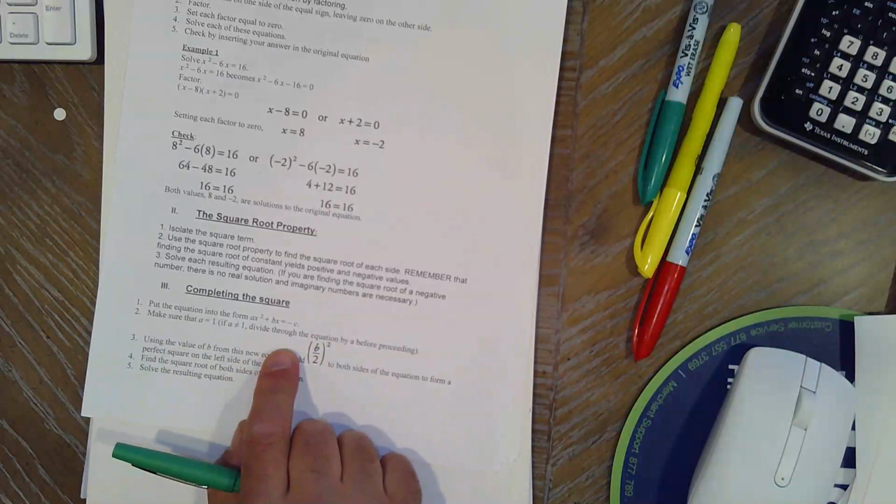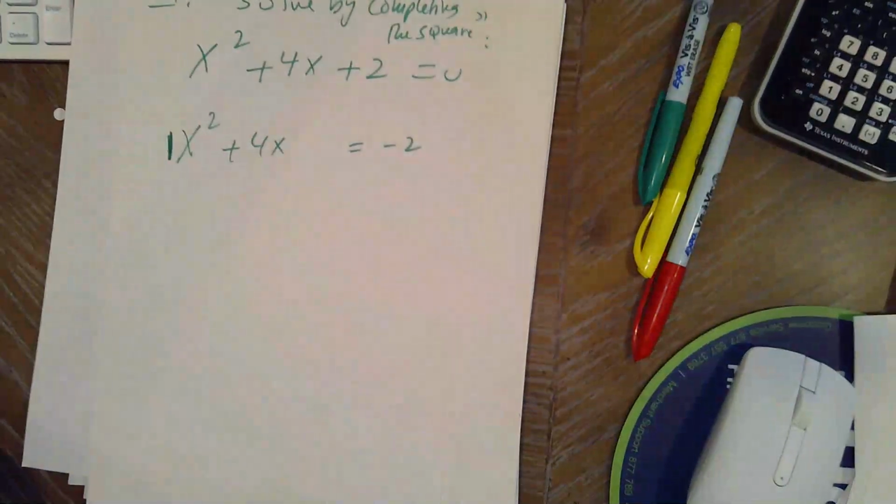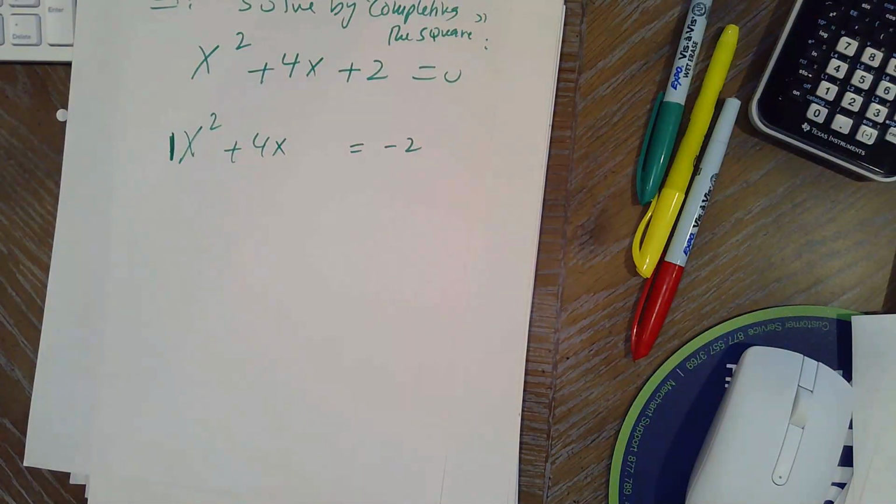Completing the square. So I'm just going to go over those steps as I'm doing the problems, but you are welcome to put the steps next to you while you're listening to the videos, so you can see what's going on. The first thing you want to do is get rid of the constant, because that's no good.